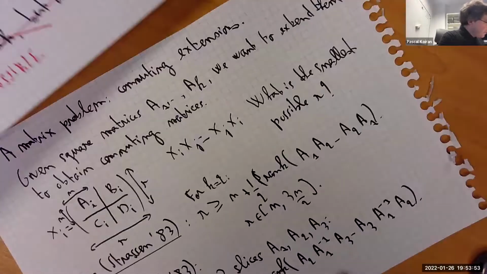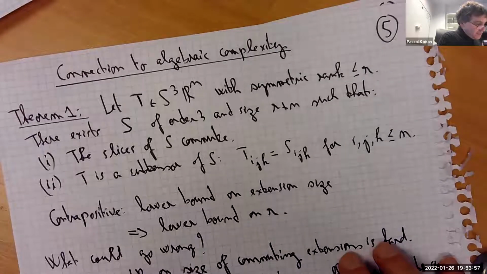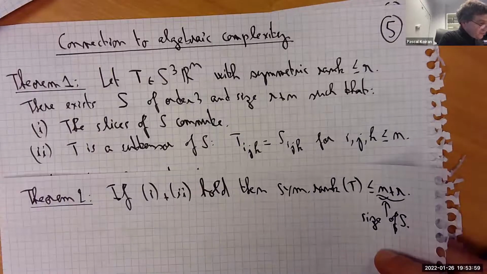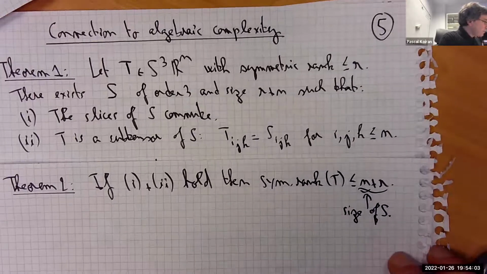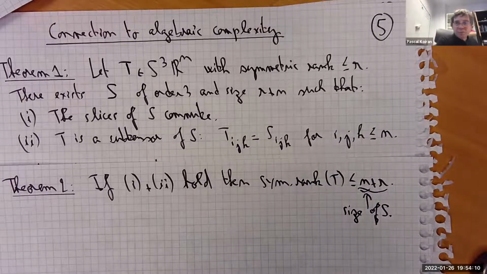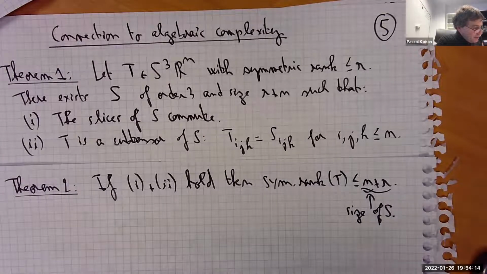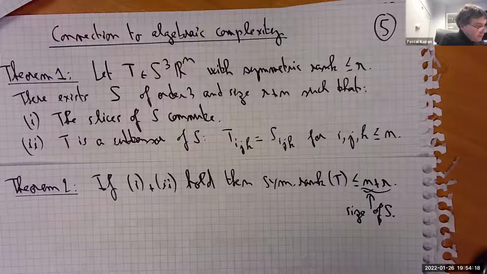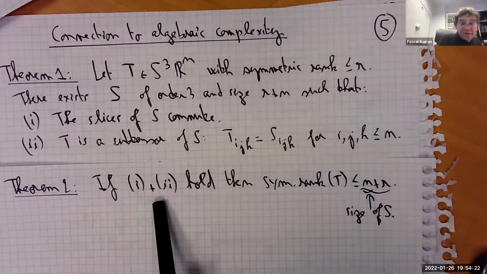Okay, so let's try to present this. Is the statement of these two theorems clear? Theorem 1 and this partial converse, theorem 2. So you see, if we want to prove these two theorems, we need to understand what it means for a tensor that the slices commute.